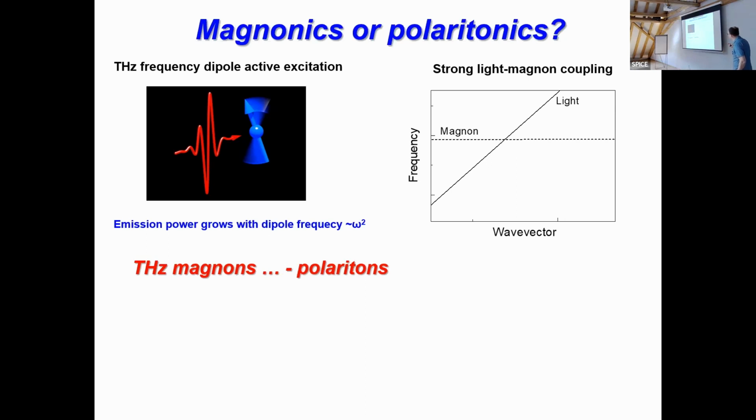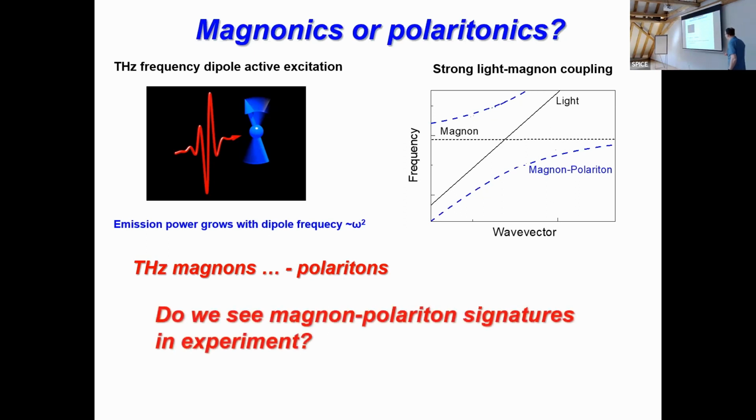In the simplest case, ignoring all inherent dispersion of the magnon, at some point in the frequency-wave vector map, it will cross the line describing the dispersion of light, and then the hybrid mode, the polariton, will be formed. So there will be upper and lower branches in the case of zero damping. The question is whether we can see the signatures of these polaritons in the experiments.